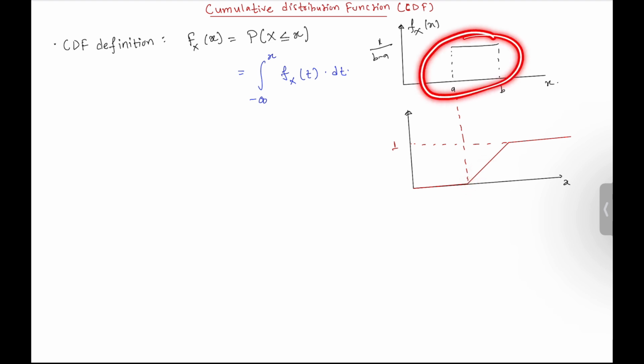Even you can see from this particular example, the probabilities will always increase because the overall area will always increase as you go to the right. This x could be here or here or here. As you go towards right, the accumulation of probabilities will always increase.